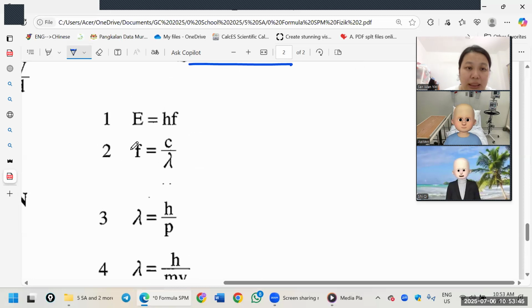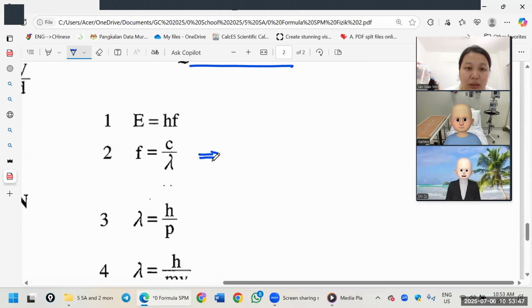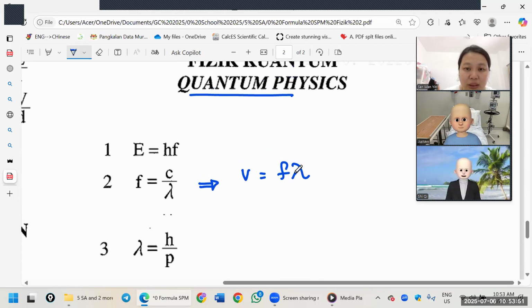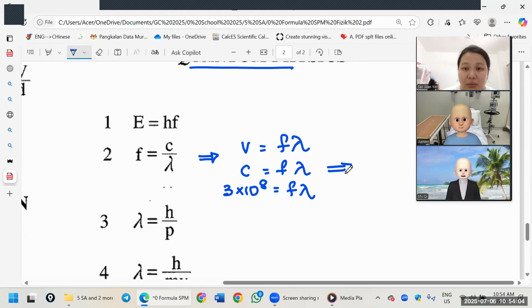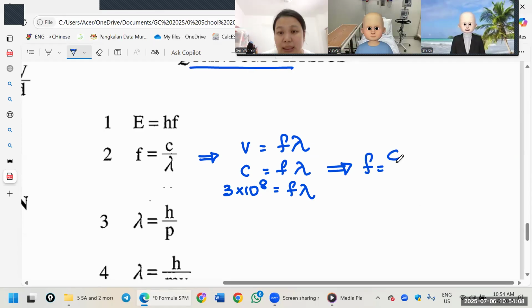In quantum physics, c is the speed of light, 3 times 10 to the power of 8, so c equals f lambda. Then we say f equals c over lambda.